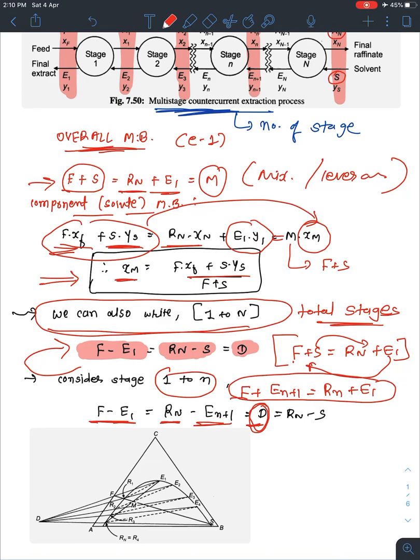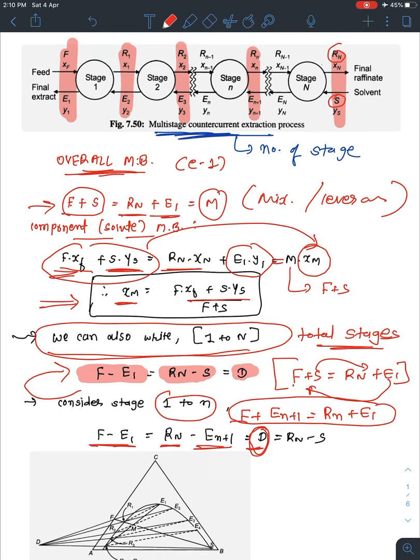Right now you have to remember that the difference is similar.